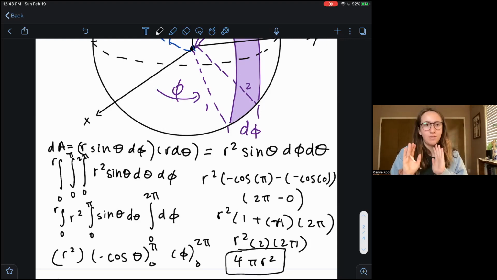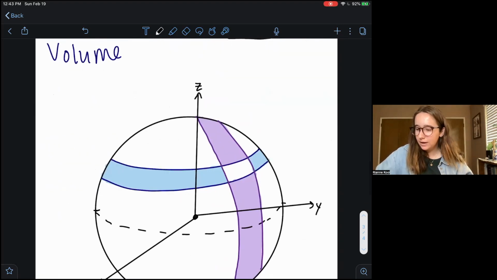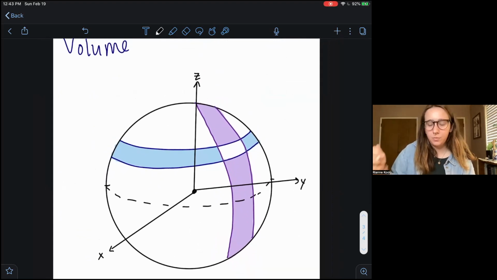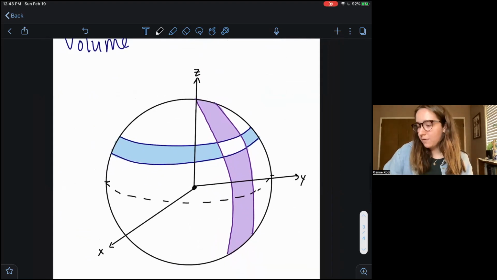So that was the surface area of a sphere, which is very helpful. So now you kind of understand where that's coming from when we're calculating electric fields. But let's go one step further and let's do the volume. So again, I have our cylinder or a sphere here. We can go in and plug in our values that we already know that we just did. So that is our d theta, which is this value right here.